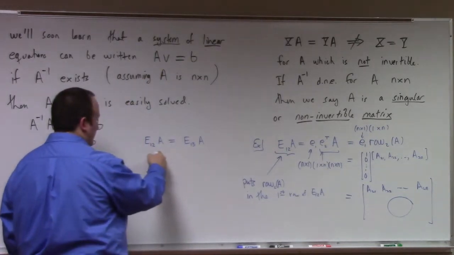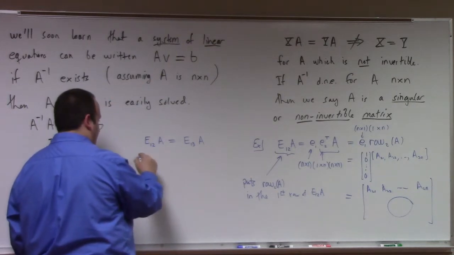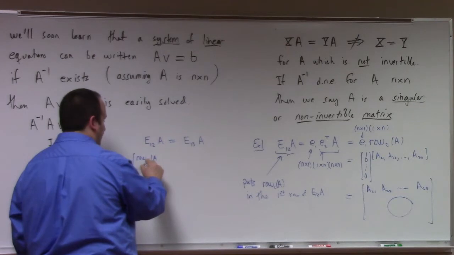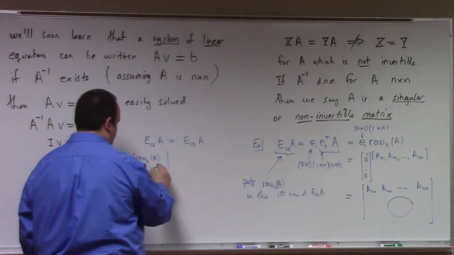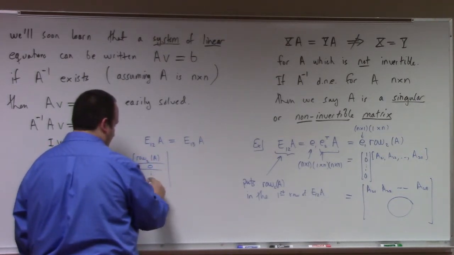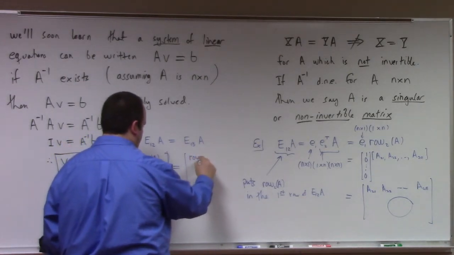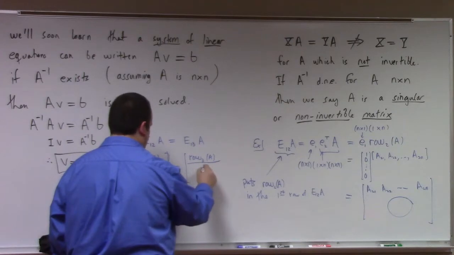This is going to be row 2 of A in the first row, and this would be row 3, and zeros.